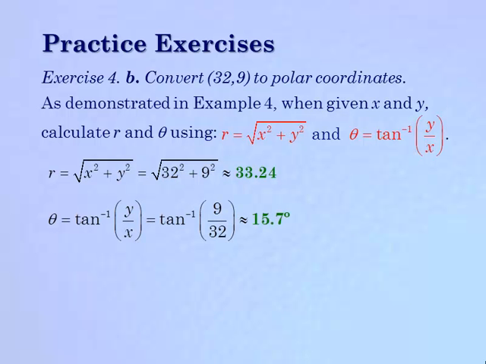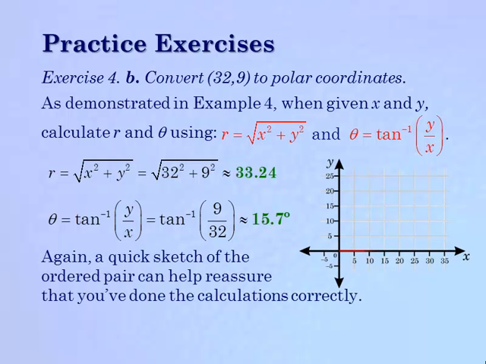Similarly, theta is equal to the inverse tangent of 9 divided by 32, y over x, and that'll evaluate to 15.7 degrees. And once again, let's look at our sketch quickly to see if it looks right. So we go over 32 and up 9, and that produces a dot out there.